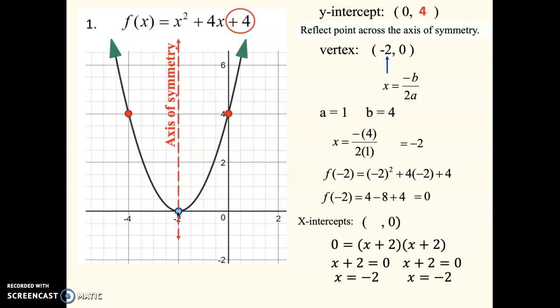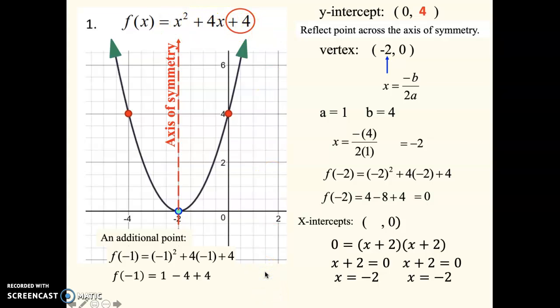I need one more point that I can then reflect across the axis of symmetry to have 5 points. So I'm just going to pick a number like, I don't know, let's pick an x of -1. If I pick an x of -1, I'm going to plug it into my equation, and I'm going to use order of operations to do the math, and I get y equals 1.